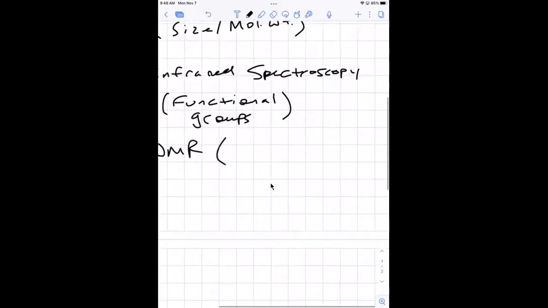And that's short for, who can tell me what NMR is short for? What's that acronym for? We did it in lab, and you should have at least had minimal exposure to it. Somebody tell me what the acronym stands for.